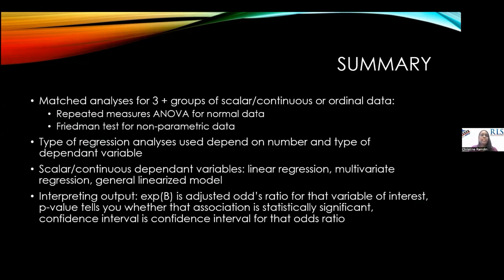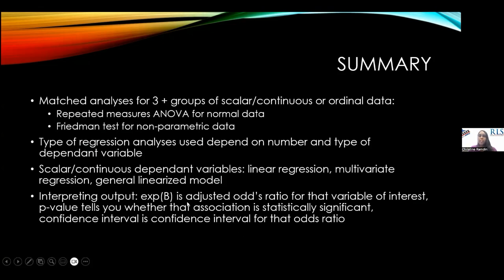Again, broadly speaking, the type of regression analysis you use depends on the number of variables you have and the type of dependent variable. Today, we specifically discussed the case where you have a scalar or continuous dependent variable or variables, because we have the general linear model for the very unique case where you have 2 dependent variables. And actually, this goes into the next session.